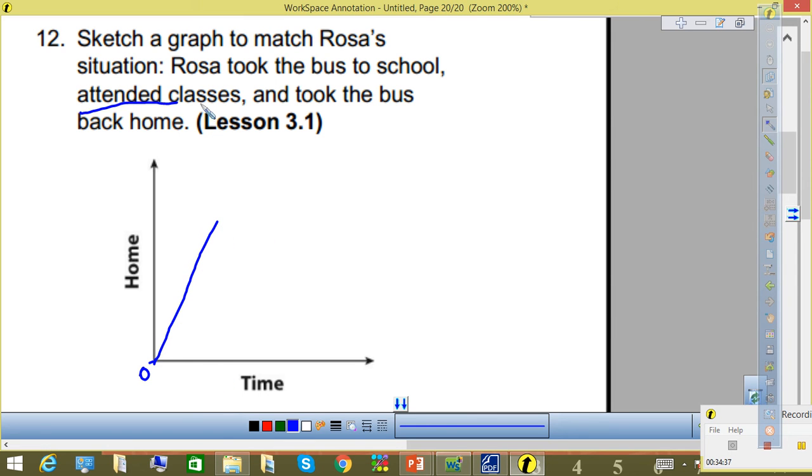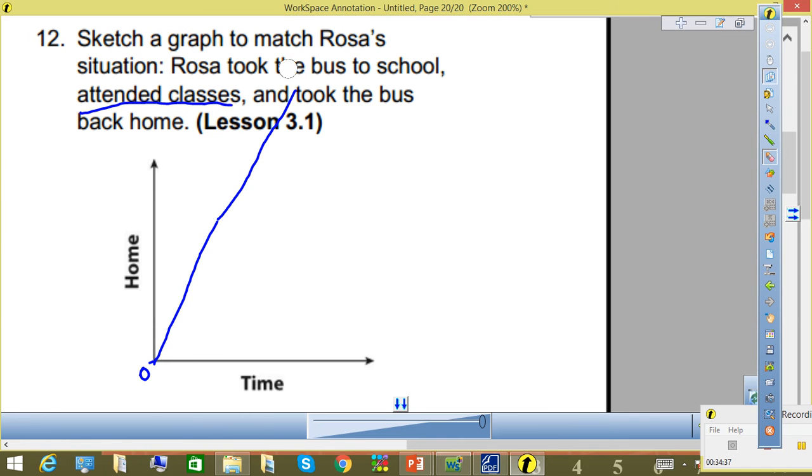Then attended classes. What do I do from there? Straight line. No. She doesn't move. She just wastes time. Oh, she's at school? Really? Wow.